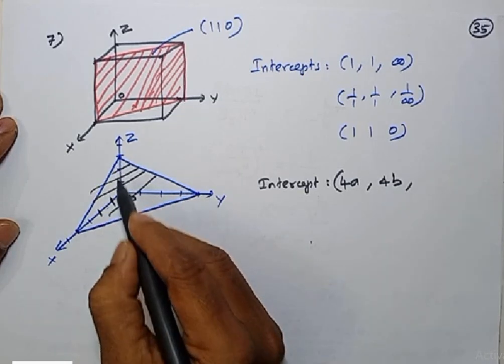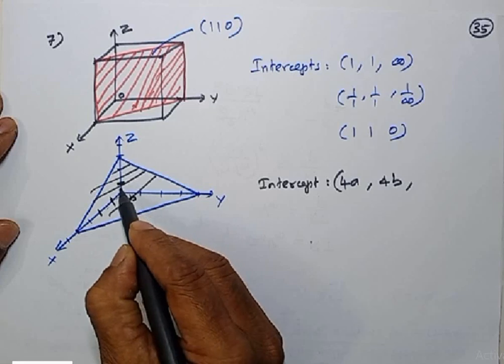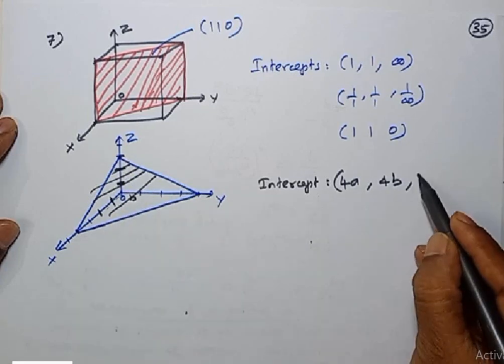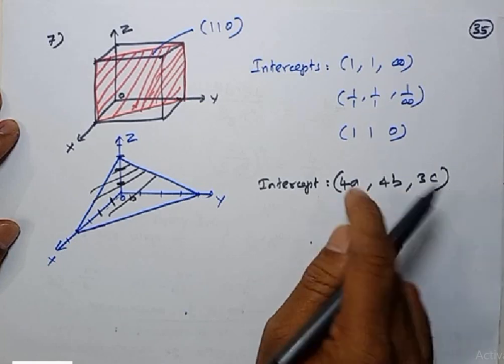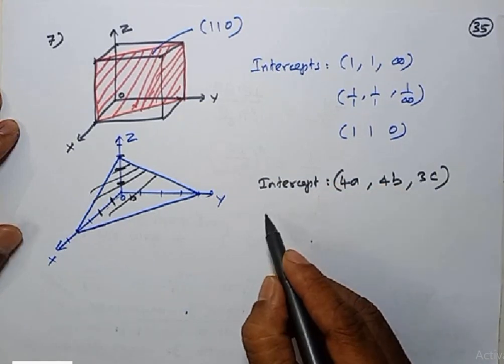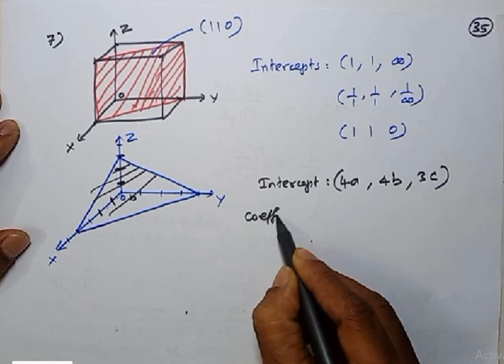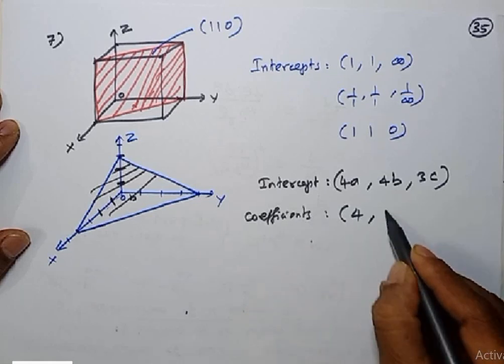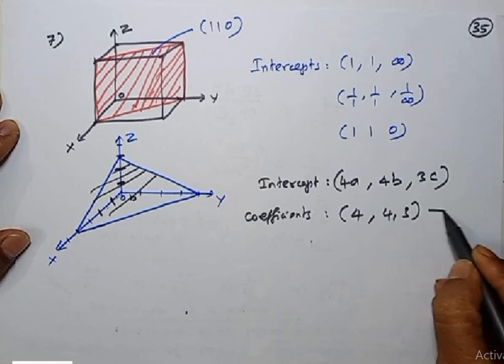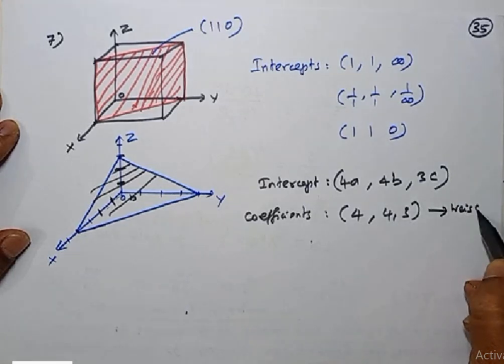If the unit length along z is c, then this is 1c, 2, 3, so you have 3c. I have taken the intercepts. Now take the coefficients. The coefficients are 4, 4, 3.